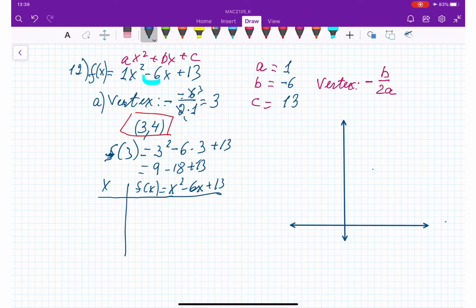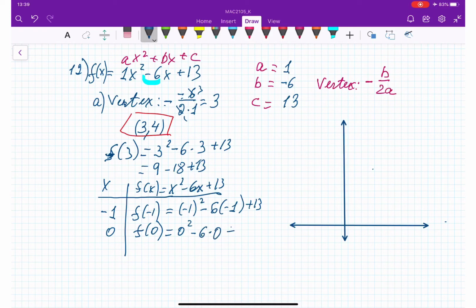So let's see. Let's take x equal to -1. So f of -1 is going to be equal to -1 squared minus 6 times -1 plus 13. And here will be f of 0, it's going to be 0 squared minus 6 times 0 plus 13, right? It's going to be 13.